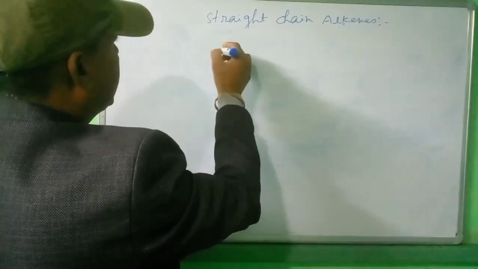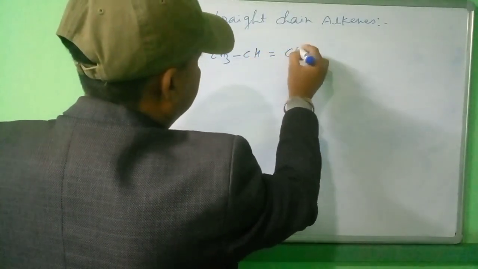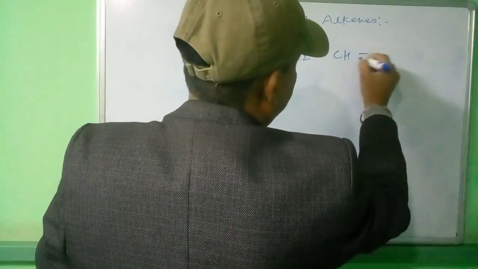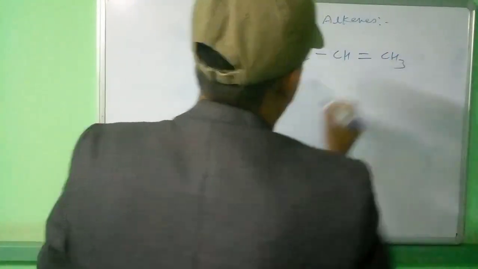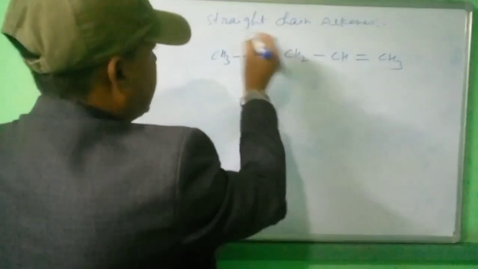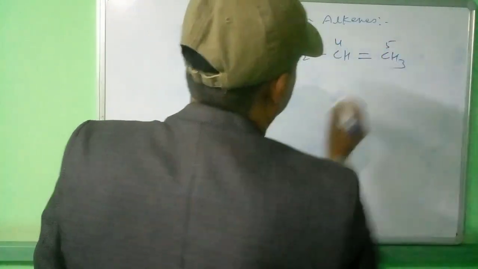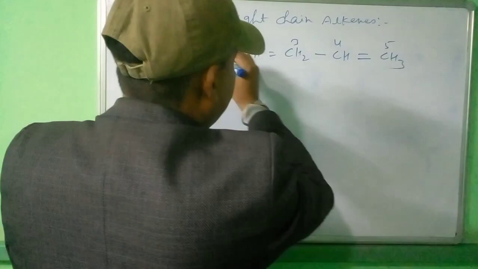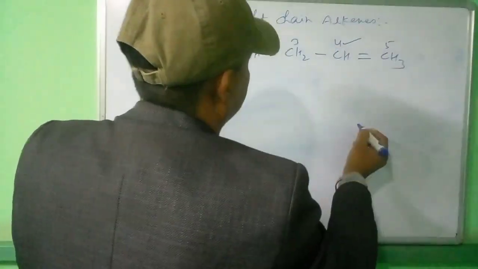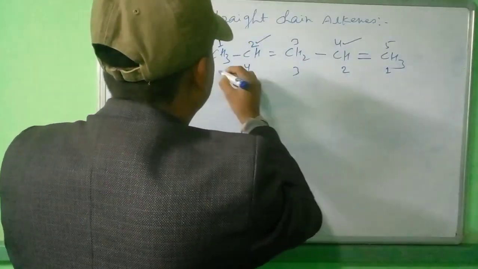If your compound is like this: CH3, CH, CH2, CH, double bond, CH3. Now numbering the carbon atoms, 1, 2, 3, 4, 5. Okay. Left to right, the second carbon has the first double bond, then the fourth carbon has a double bond. Okay. Right to left, 1, 2, 3, 4, 5.